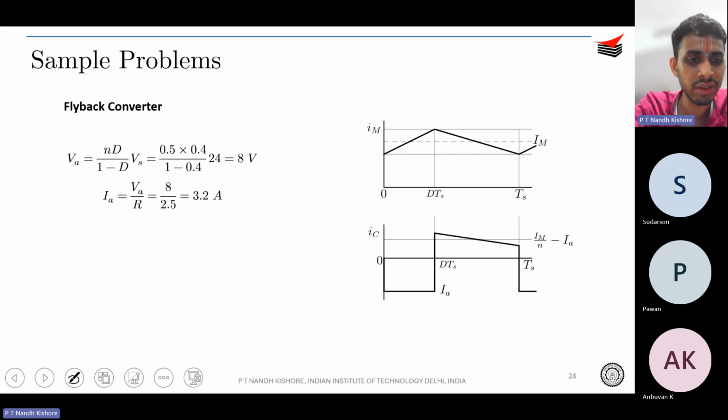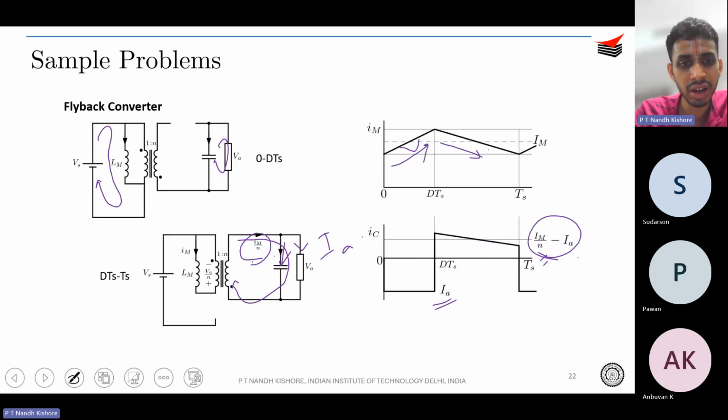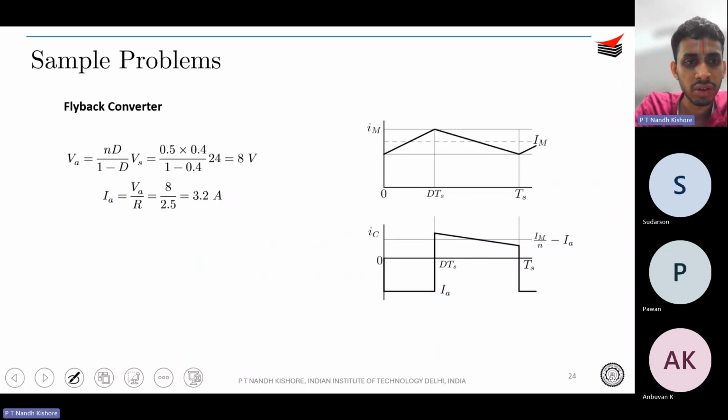I guess everything is given, so you just need to find out what is IA. IA is VA by R. VA is N into D by 1 minus D into VS in a flyback converter, very similar to your buck boost converter. Your N was given as 0.5, that is N2 by N1, and your D is also given.